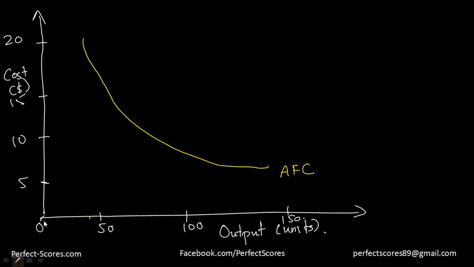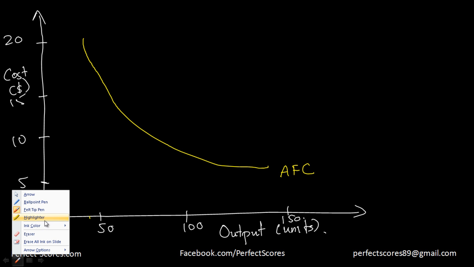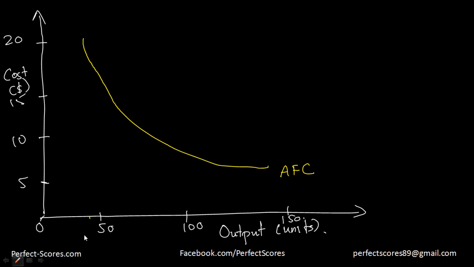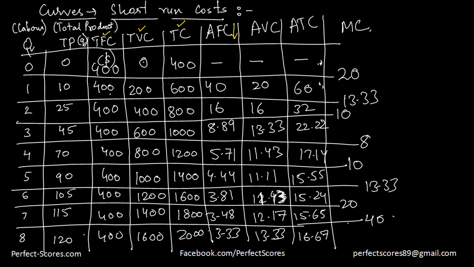Now let's go ahead and try to find the average variable cost. It starts at 20, right? Goes to 16, goes to 13, goes to 11, and then again goes to 11, right?